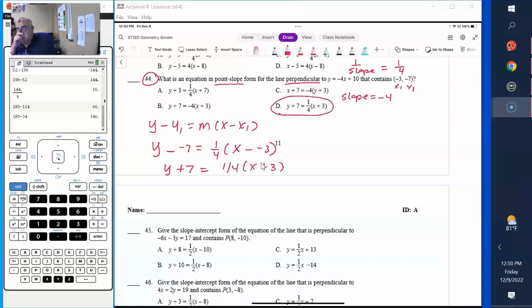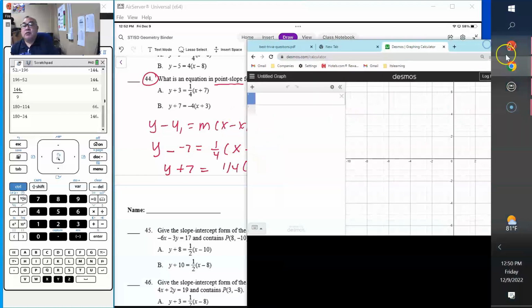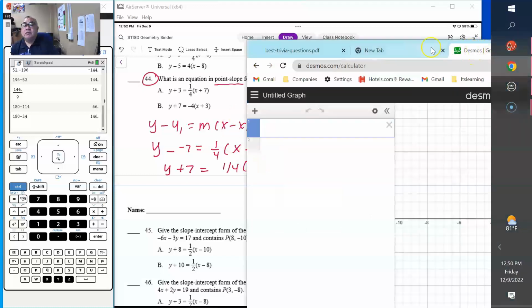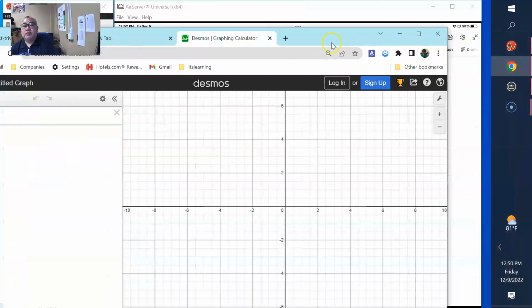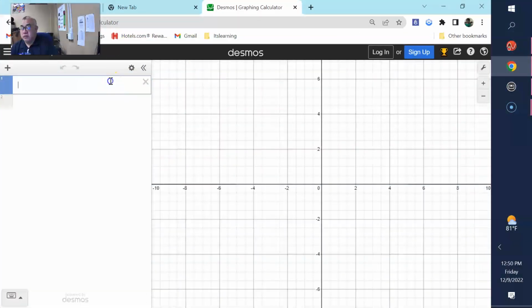You can check this in Desmos. I'm going to go ahead and bring it over. So the first equation was y equals negative 4x plus 10.